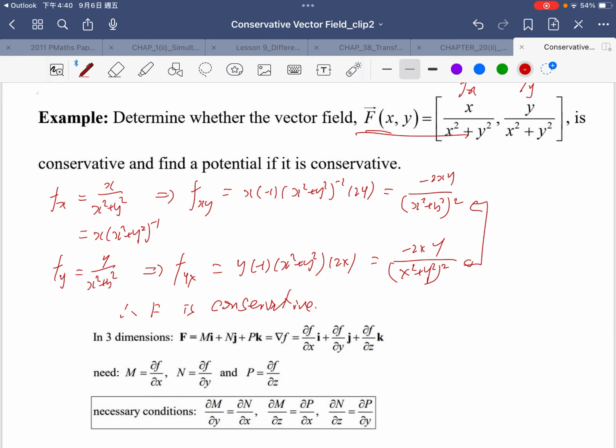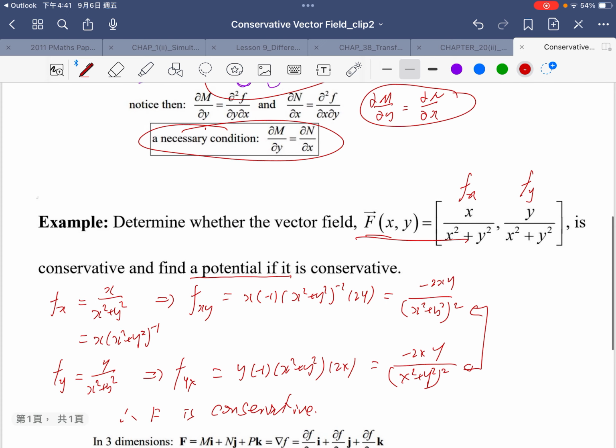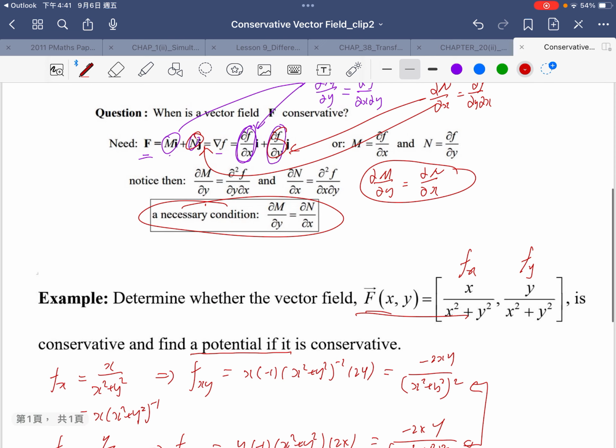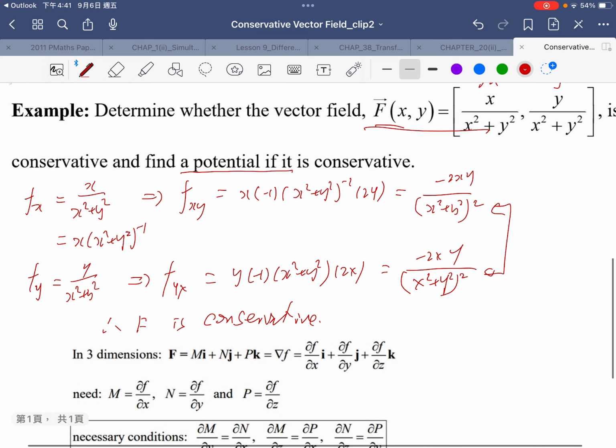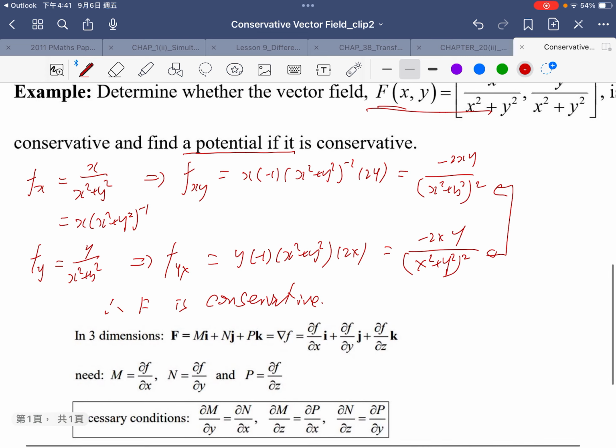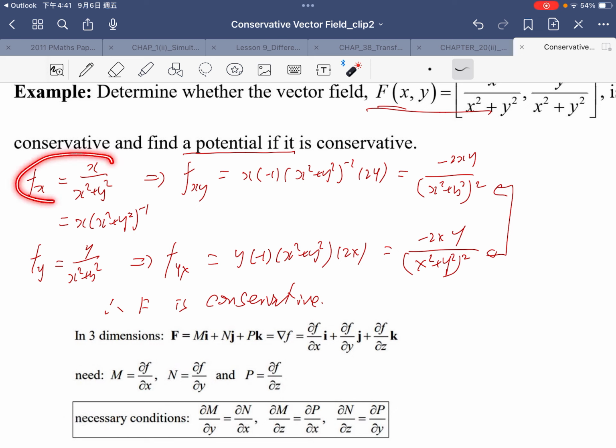Next step, I want to find this function. This function is called the potential function, small f. This is Fx, this is Fy.